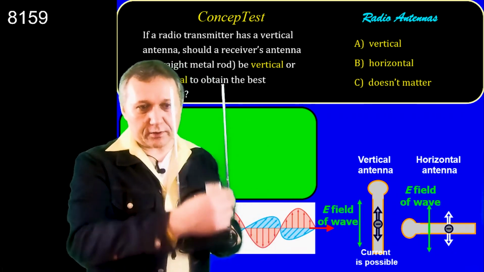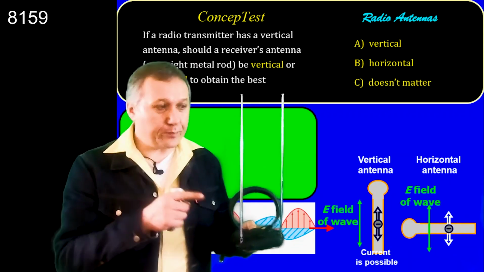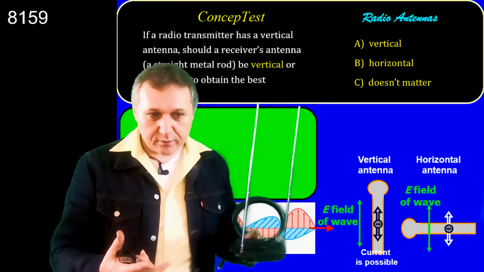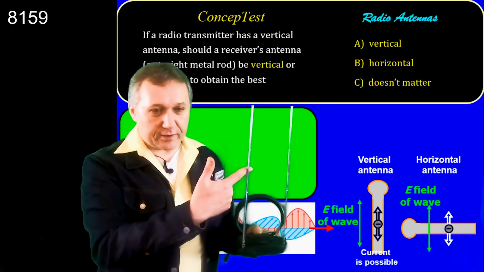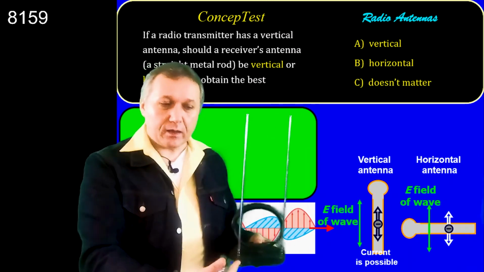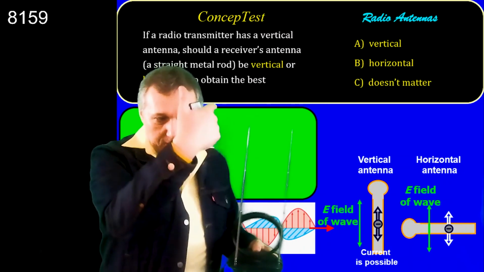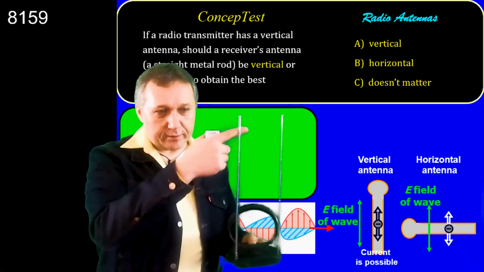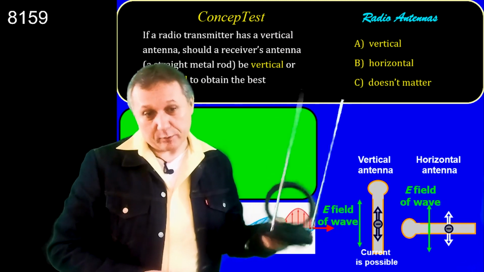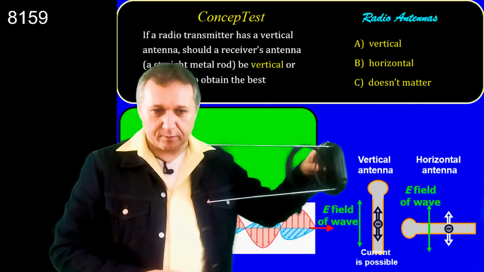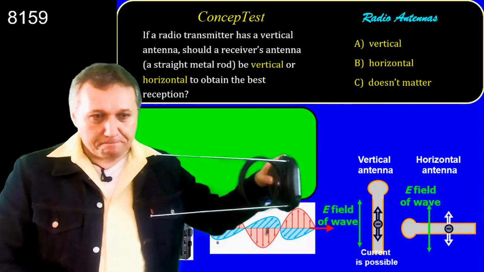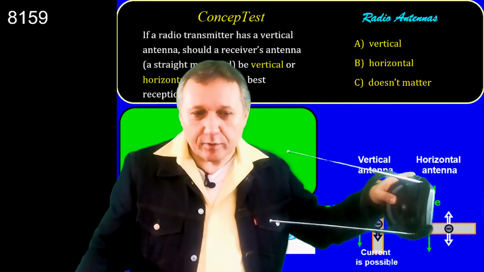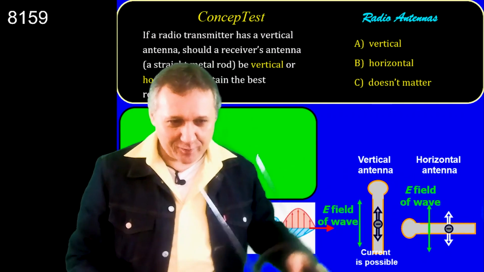These two rods are designed to pick up information from the electric field. If the electric field oscillates vertically, I will be able to get a healthy signal. If I position my antenna like this, I will get only a signal on the level of noise from the electric field.